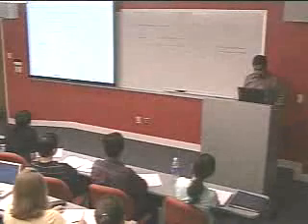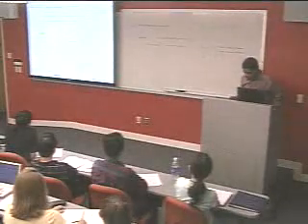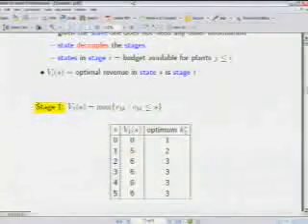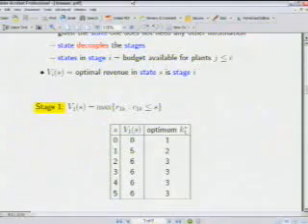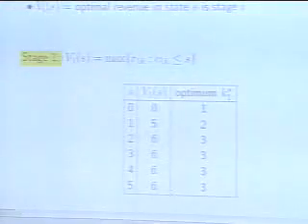So what happens in stage 1? In stage 1, all I'm trying to figure out is that if I have S dollars available, so S is the state, and the state takes values again 0, 1, 2, 3, 4, and 5, I want to figure out if S dollars are available to me to spend on plant 1, what is the best thing I can do? That's basically the story.